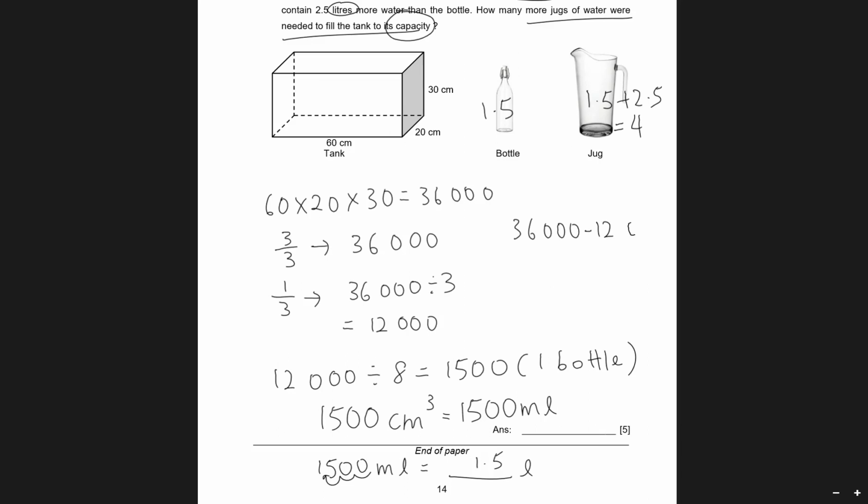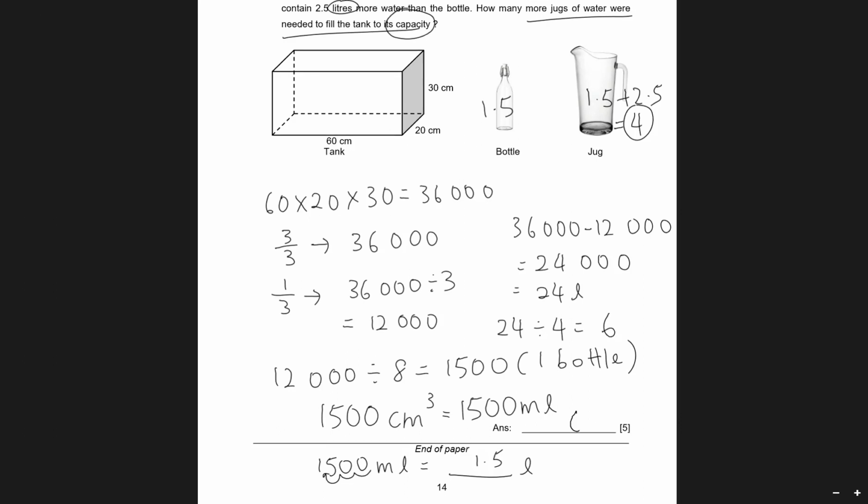You only fill up 12,000 of it, right? Which means that you got an additional 24,000 to fill up. And this 24,000 is the same as 24 liters. Okay, and you know each jug could fill 4 liters. You need to fill up 24 liters, and each jug fills up only 4. You need a total of 6 jugs to finish filling up to the full.